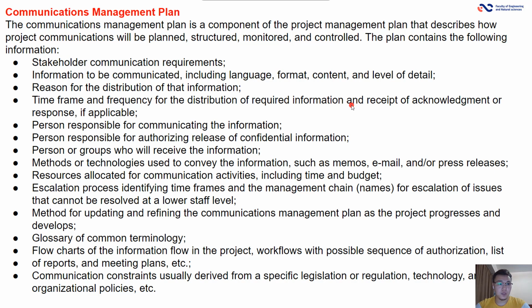The plan contains the following information: stakeholders, communication requirements, information to be communicated, reason for the distribution of the information, time frame and frequency for the distribution of required information, personal responsibility for communicating the information, personal responsibility for authorizing release of confidential information, persons or groups who will receive the information, methods or technology used to convey the information, resources allocated for communication activities, escalation process identifying time frames, method for updating and refining the communication management plan as the project progresses, glossary of common terminology, and flow chart of the information flow in the project.